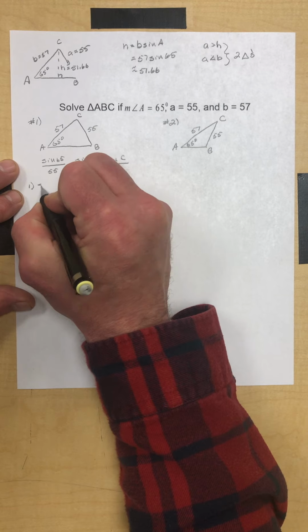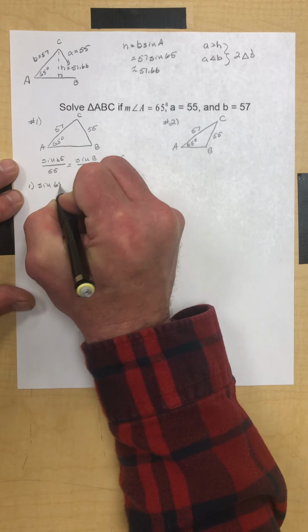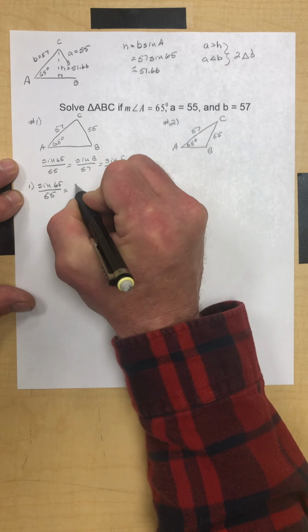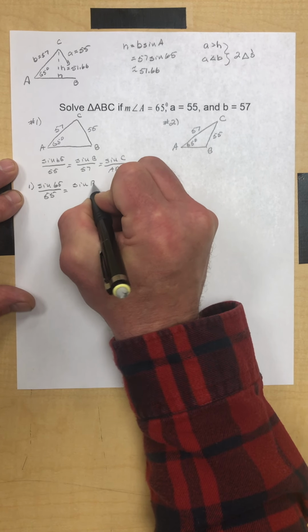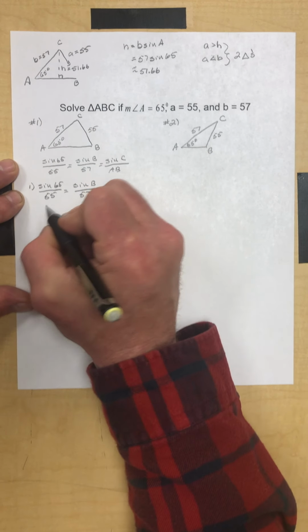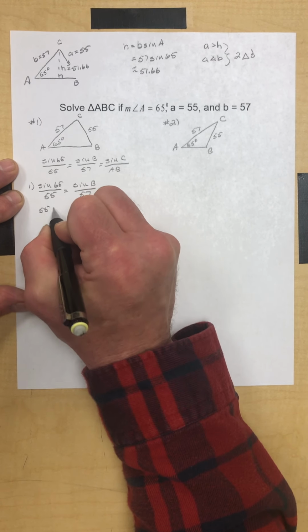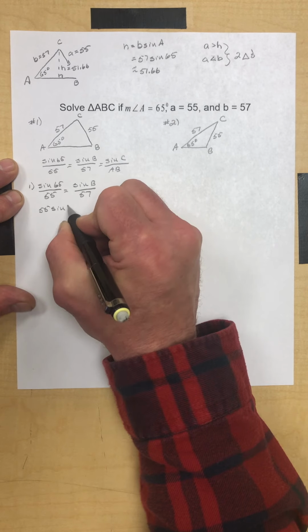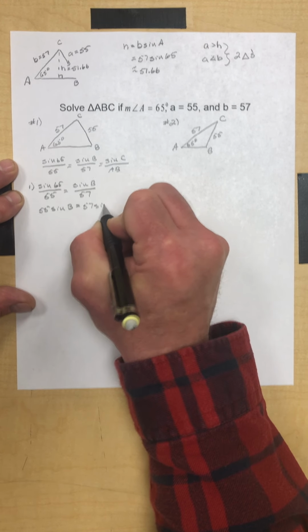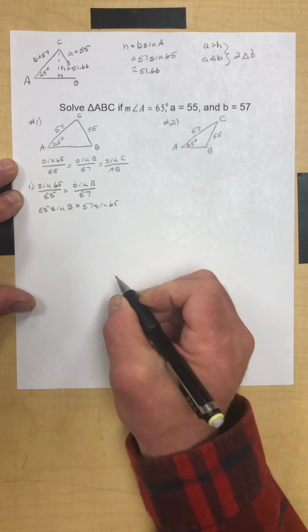So we get the sine of 65 degrees over 55 equals the sine of angle B over 57. We take our cross products, so we have 55 times the sine of angle B equals 57 times the sine of 65 degrees.